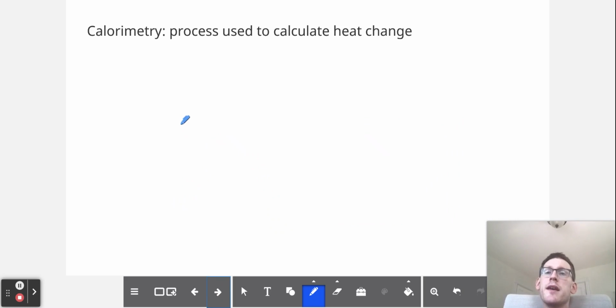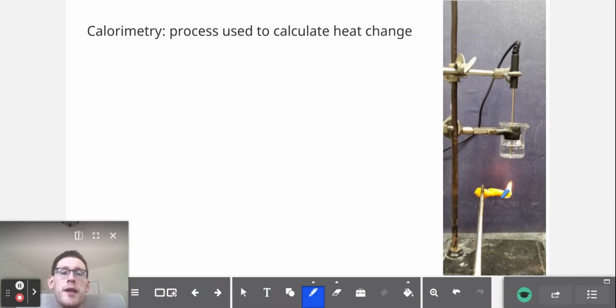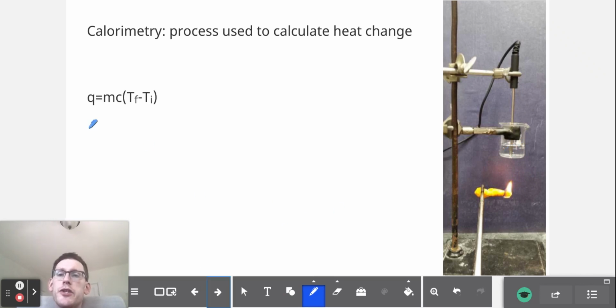Calorimetry, next, is the process that's used to calculate heat change. If we have this setup over here, the Cheeto is releasing heat as it burns, and we can figure out how much heat it releases by figuring out how much energy is absorbed by the water. There's an equation we use, Q equals mc delta T, or Tf minus Ti.